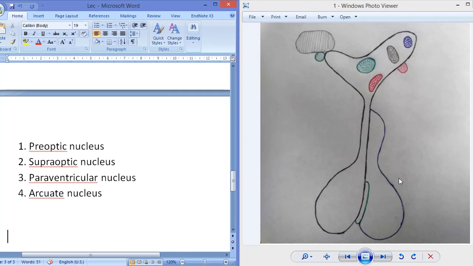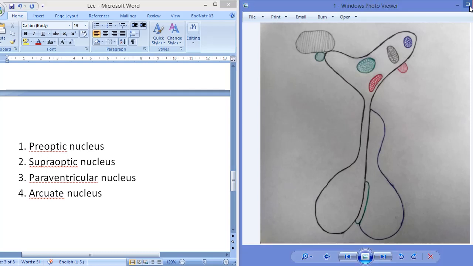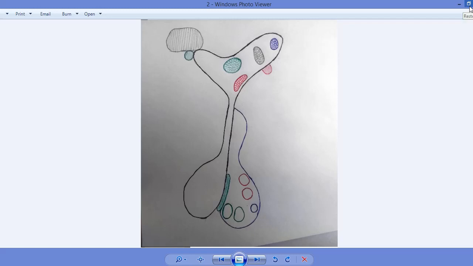Now coming to further detail. In this slide, we can see the groups of endocrine cells inside the pars distalis of the adenohypophysis.